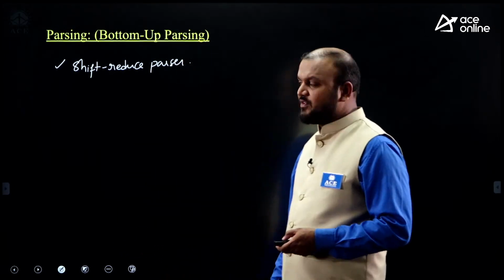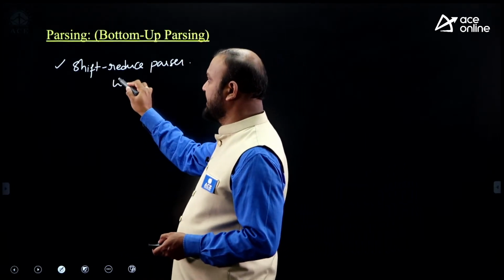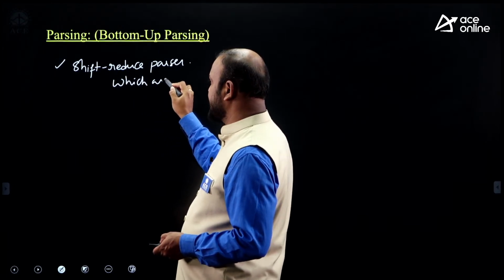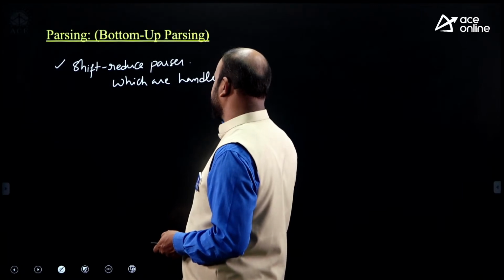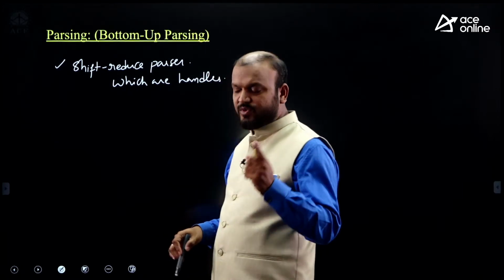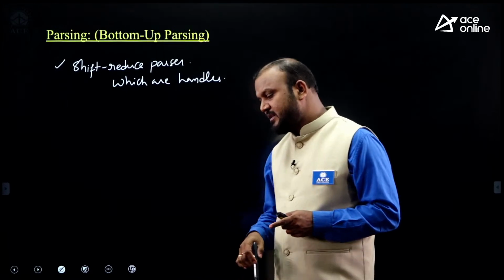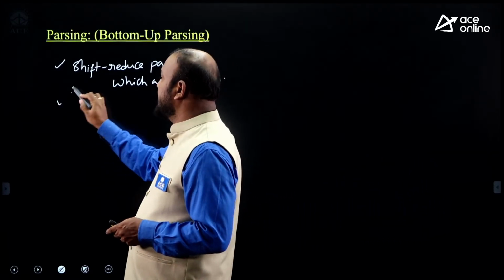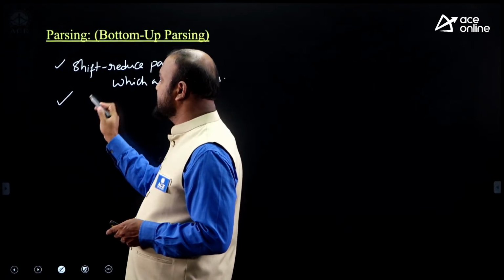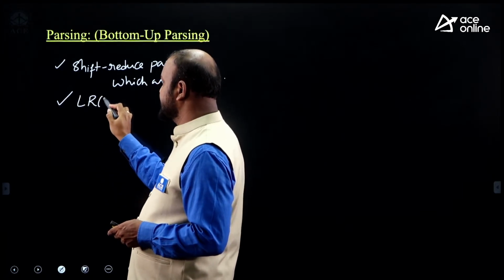And you can still expect questions like which are the handles for the input sentence. That was asked only one time, and there is still scope for questions on the shift-reduce parser. Then we have a concept called LR(k) parsers.